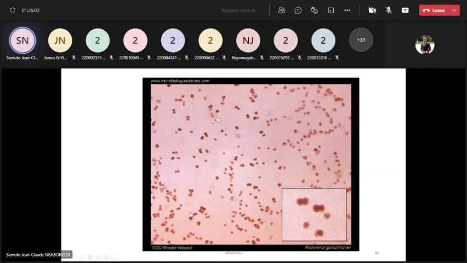So the one side is flattened and they are adjacent to each other. You can see in the Gram stain that one side is flattened and they look like coffee beans, and they are gram negative.